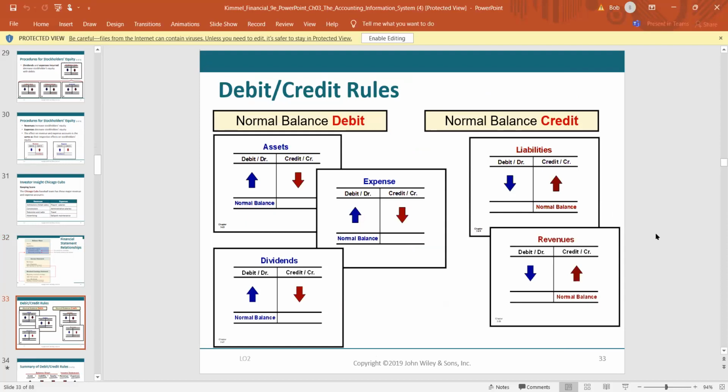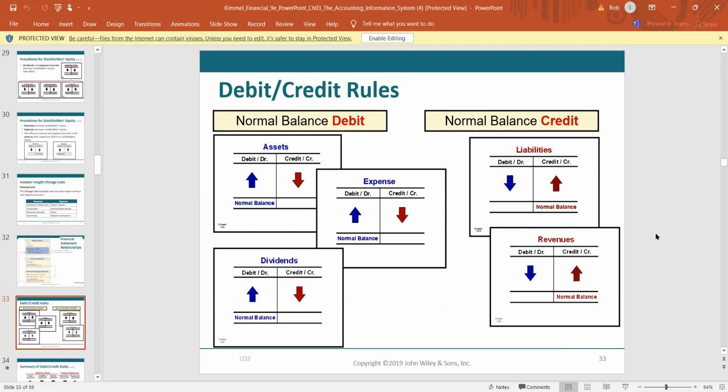Okay, here's a grid where they're showing pretty much everything together. These are the 5 items that you have to understand. Assets, debit, expenses, debit, dividends, debit, and then liabilities and revenues, credit. Those are your 5 food blocks there, okay?